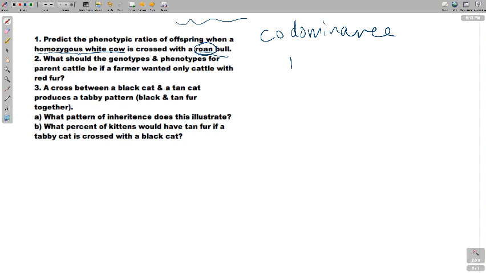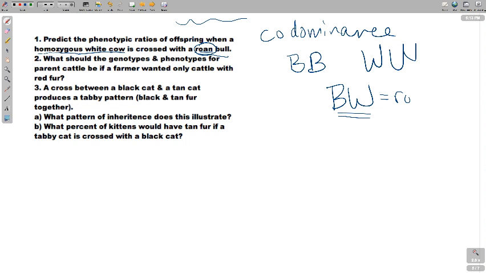Basically, if you take a brown cow and a white cow, you get BW, which is brown-white, which is roan. So this is a brown-white, spotted cow. If you want to pause and try it, what are the ratios when a homozygous white cow is crossed with a roan bull?